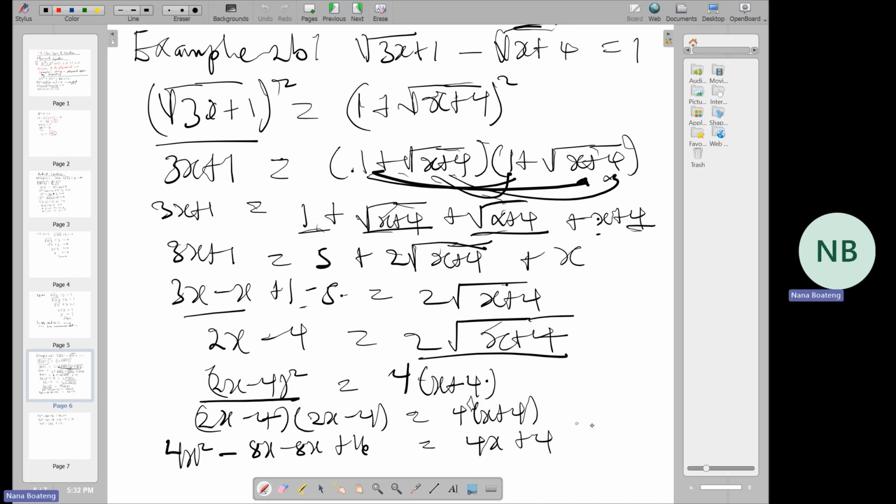We made a mistake here. This is 16, not 4. So 4 times x is 4x plus 4 times 4 is 16. So that was not 4.